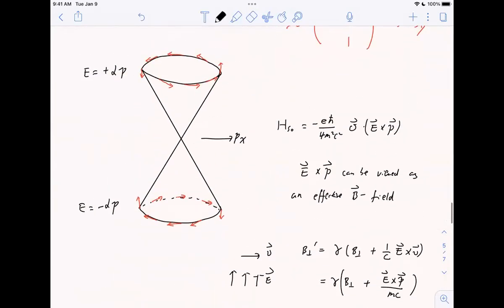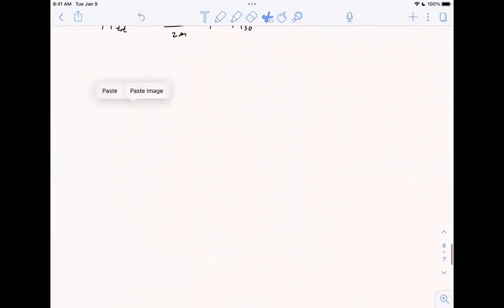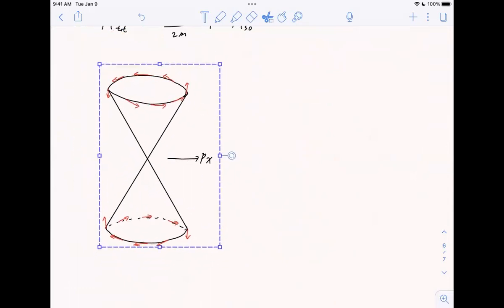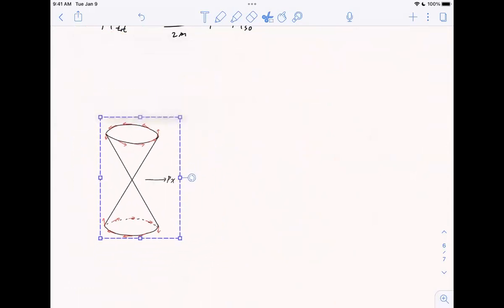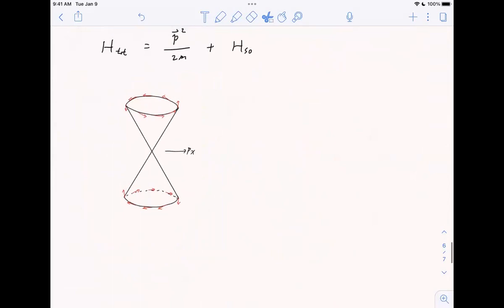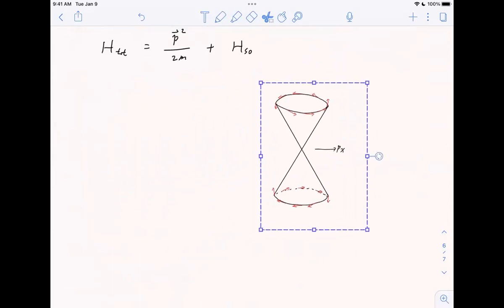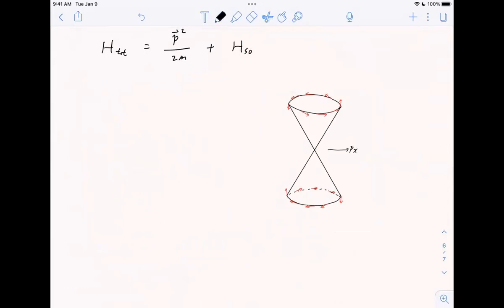That means you have this. Let me make it smaller. Okay, you have this part. And this is just a parabolic function. And usually it is big.